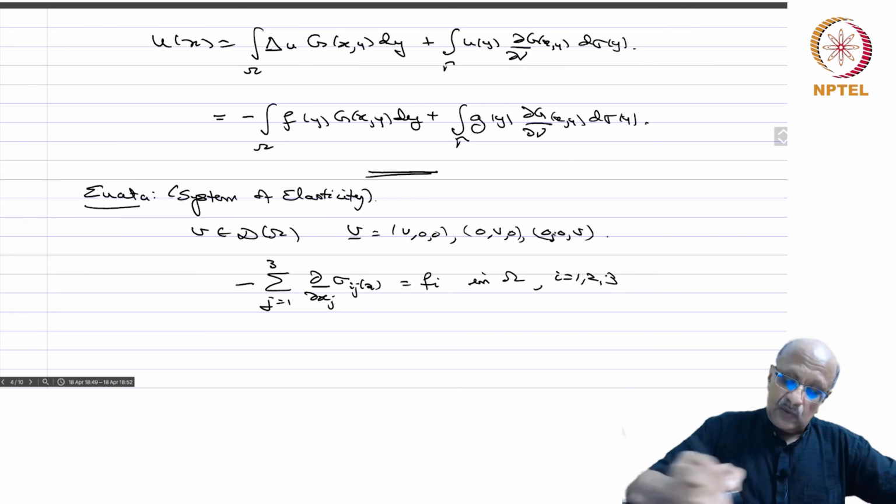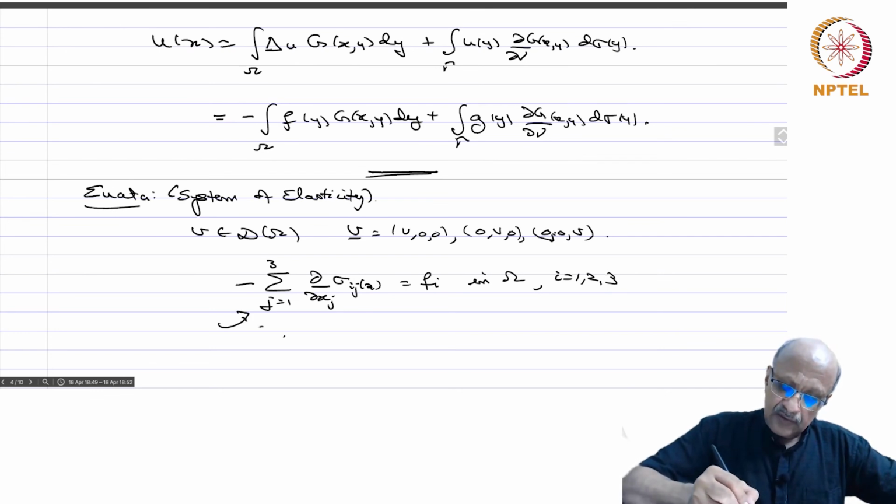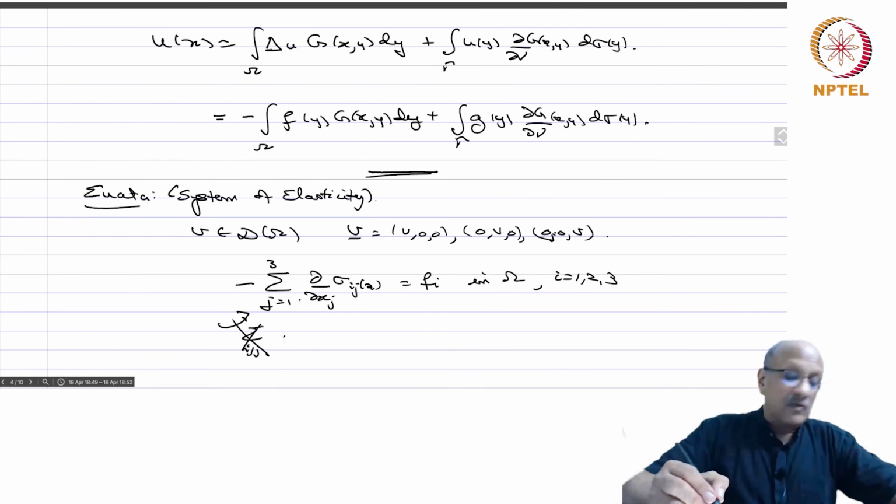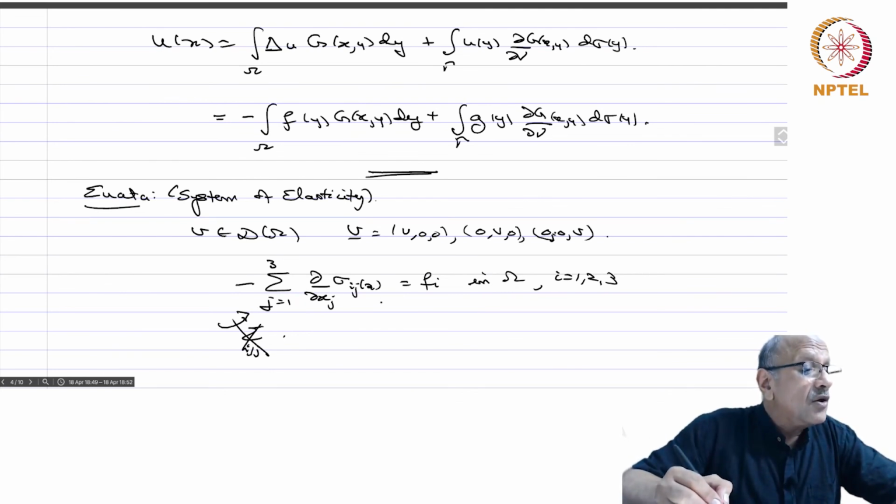So, the mistake was I had put here sigma over ij, and that is wrong, and therefore it is just the sum over j equals 1 to 3, you get this.